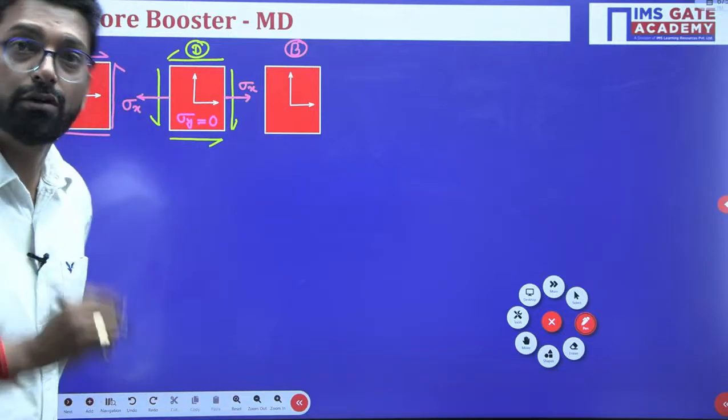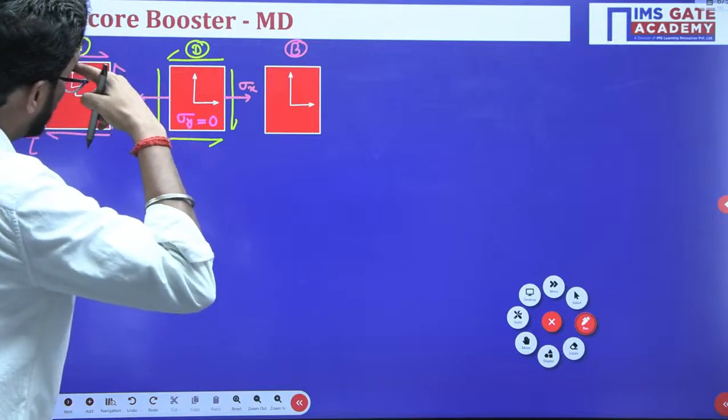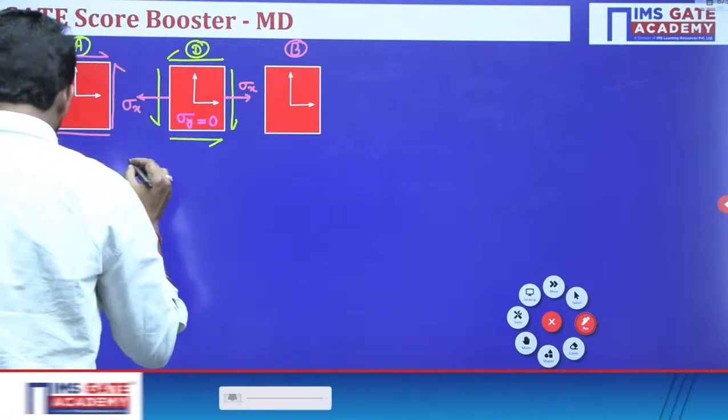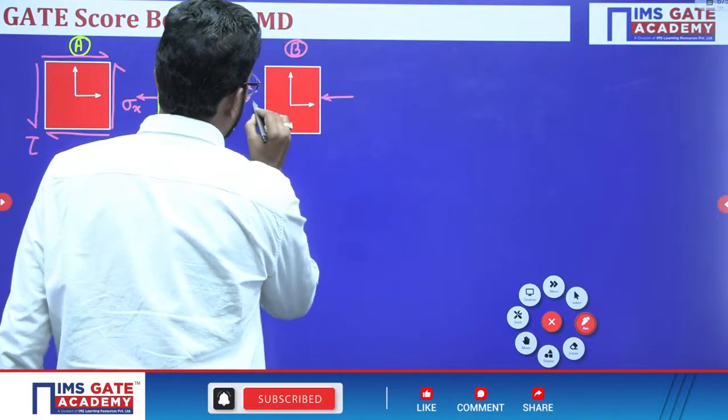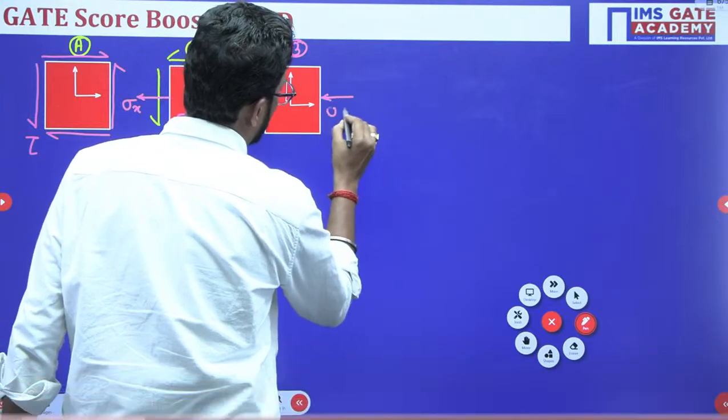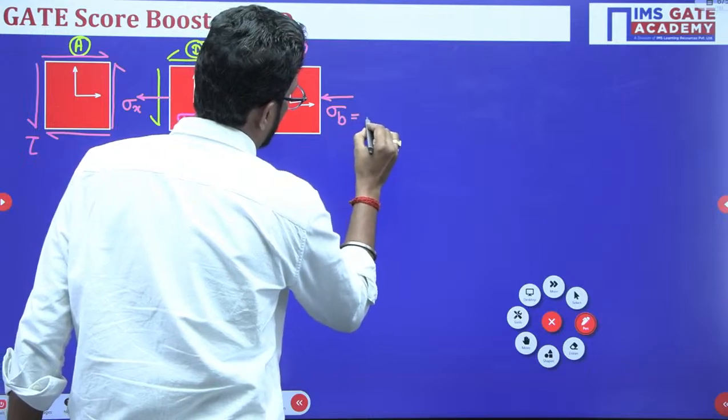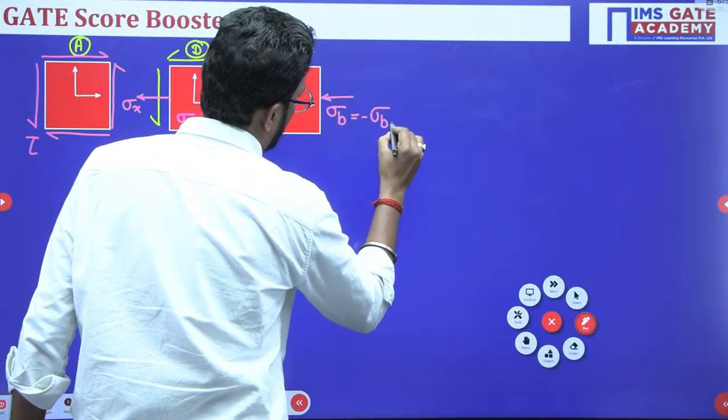And at B there is a compressive nature, sigma b equal to minus sigma b max.